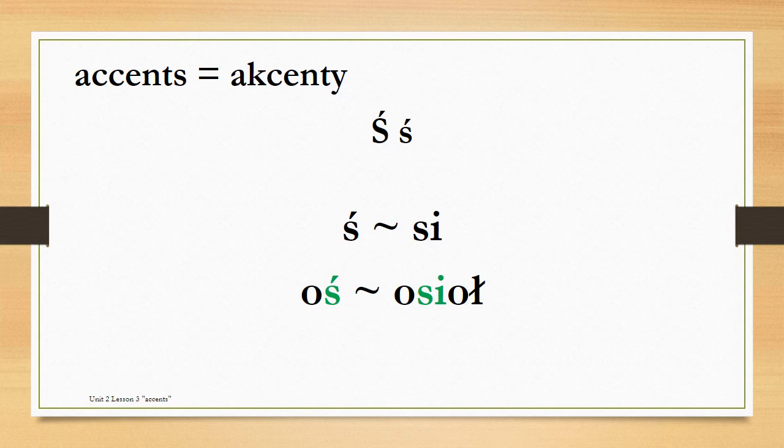So first one is oś, which means axis, and the second one is osioł, which means a donkey. And again, oś, osioł. As you can hear, very similar, and might be easier for you to try to pronounce it like that. Si, oś, osioł.